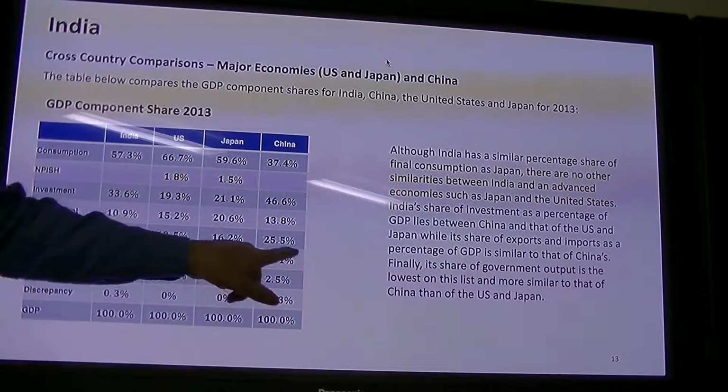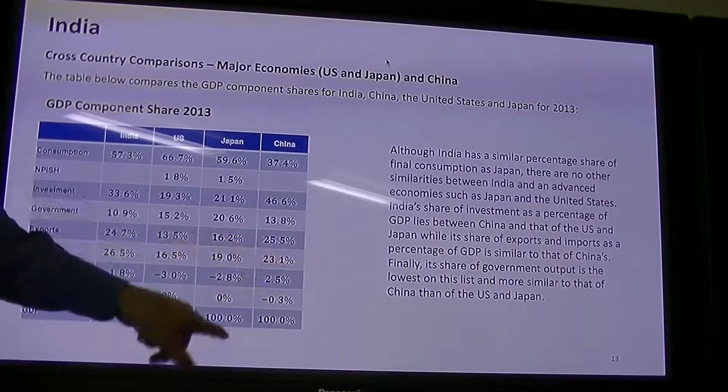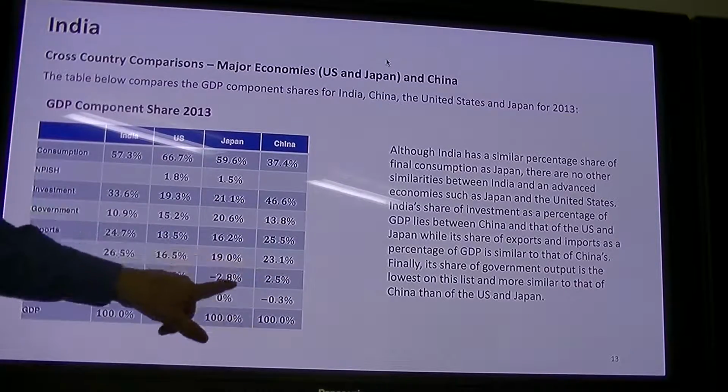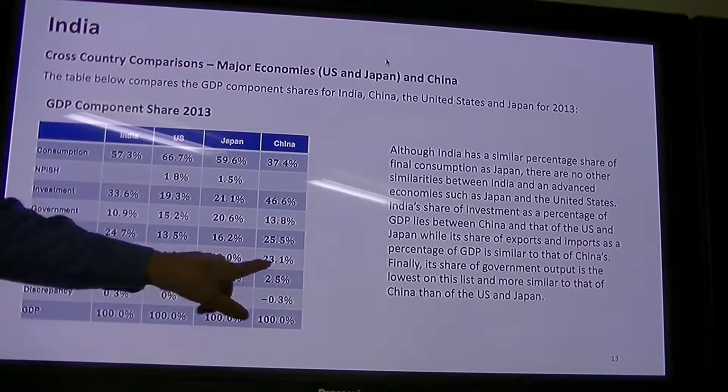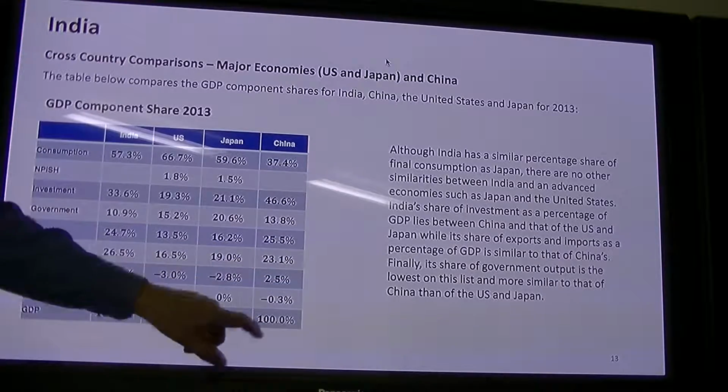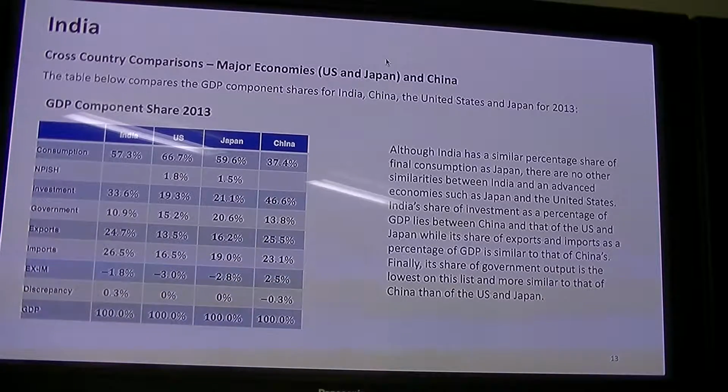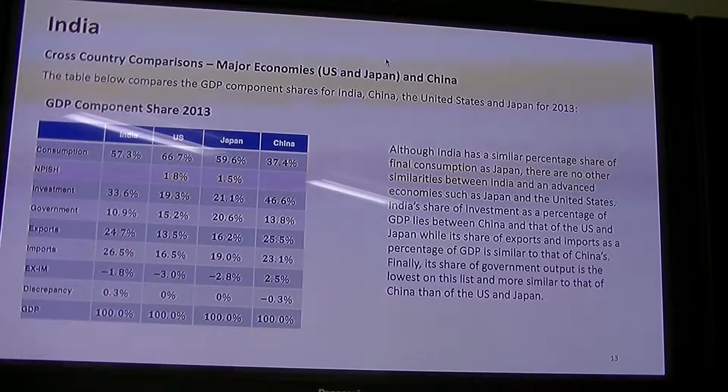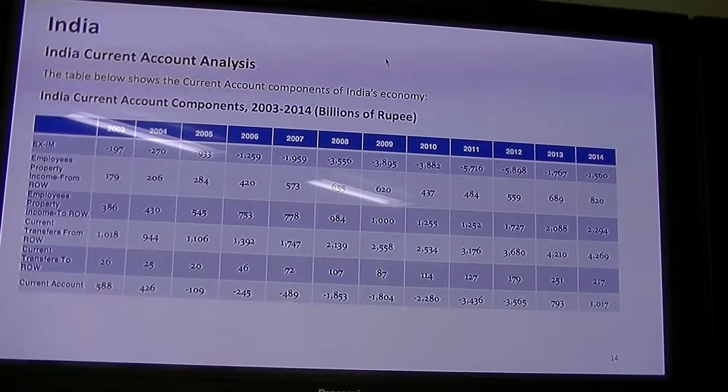As opposed to a higher savings rate in China, with higher savings rate, positive net exports. So that certainly is a likely explanation, one of the explanations of that difference.